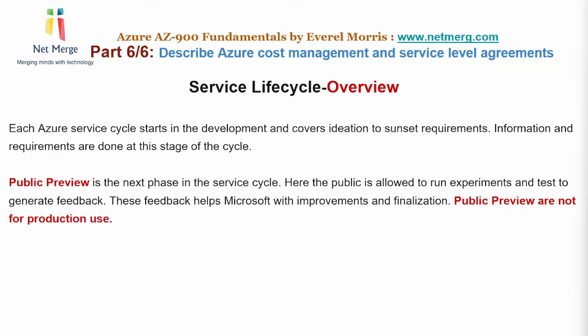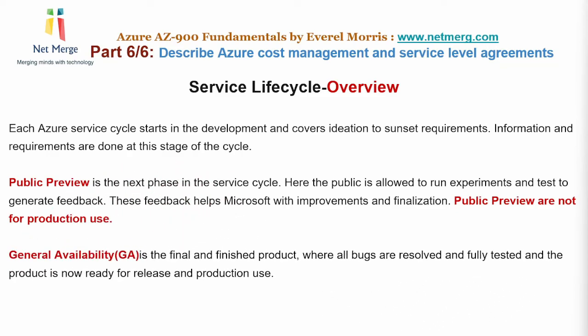Now the public preview, you need to understand, it is not a software or an application or a resource that you want to put in production. It's just for testing purposes, and Microsoft is waiting on your feedback to finalize that particular product. So you don't want to use it in production. I put that in red.